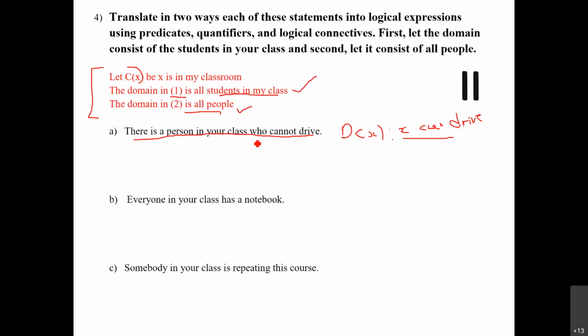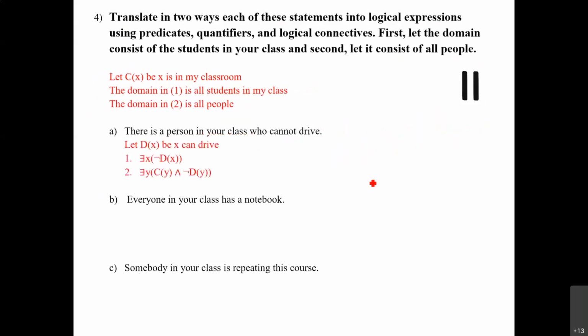Here they're telling us who cannot drive, but let's do it like D of X, X can drive. If you want to say he cannot, you'll just say not D of X. Usually it's better to write it in the positive sense, and then you can just use the not logical connective. Okay, good. That's how we did it.